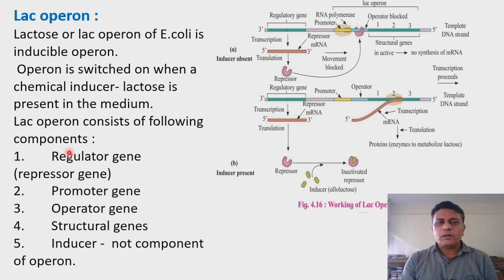The first one is the regulatory gene. Here we can see the regulatory gene is present at the I end. It is also called the repressor gene. Repressor gene means in absence of lactose the process is stopped.